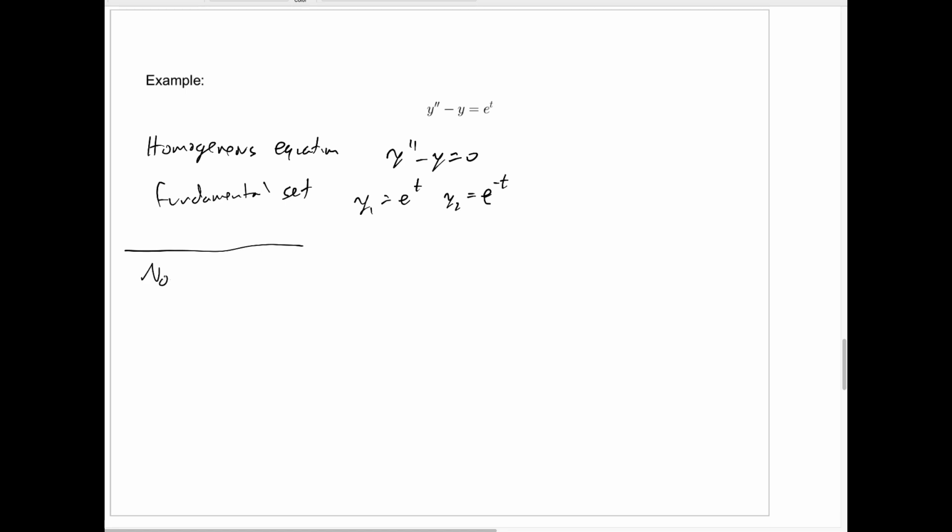Well, it looked like before we want to try a constant times e to the t. But here, let's see where that will actually be a problem.